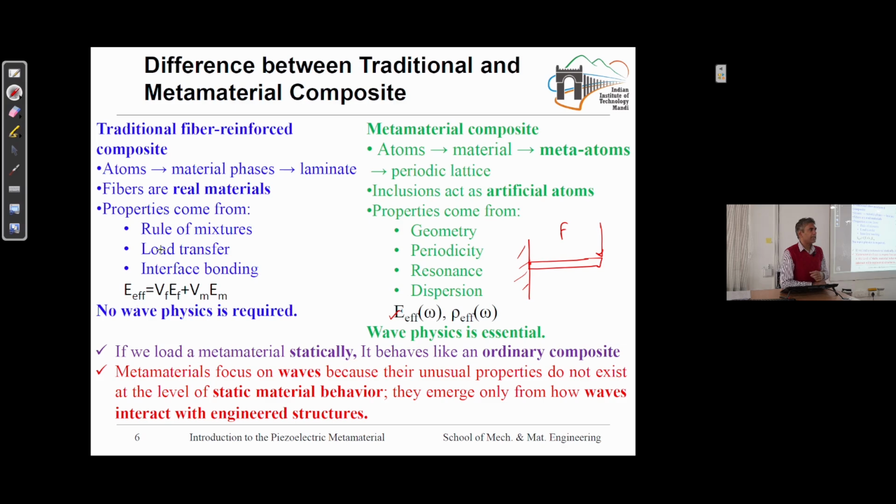At a certain instant they may be 0 or negative, but in the real sense they are not actually negative or 0. That is a very important concept of the metamaterial. Metamaterials are designed only to sustain dynamic loading, because dynamic loading has frequency, and the effective properties of metamaterials depend on the frequency.